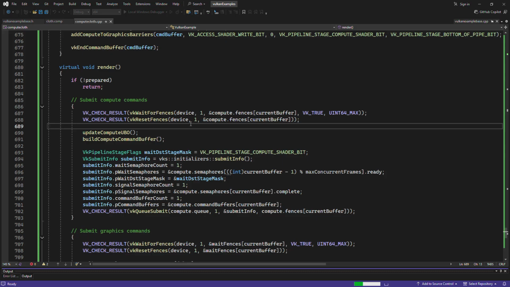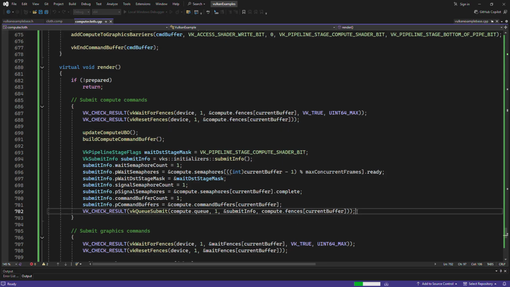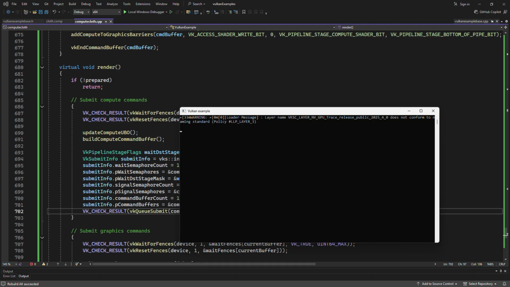We have to reset the fence in order for our vkQueueSubmit to proceed as needed. Now it runs fine, right?